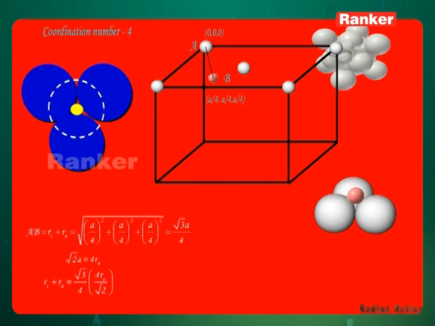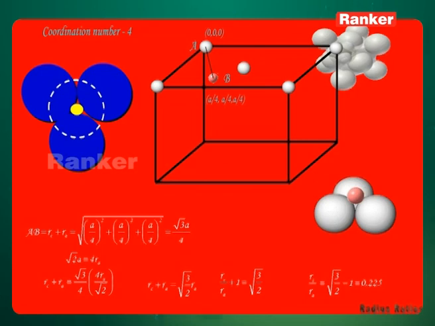Along the face diagonal, all the anions: A is 1, then from A on the same face diagonally, you have 2 other spheres, one at the face center and one at the opposite corner of the face. So, that total length will give you 4RA, and 4RA is equal to root 2a, because that is the face diagonal. So, now RC plus RA is equal to root 3 by 4 into 4RA by root 2. From this, RC plus RA is equal to root 3 by 2 RA, and finally RC by RA, that is the ratio of cation to anion, is equal to 0.225.